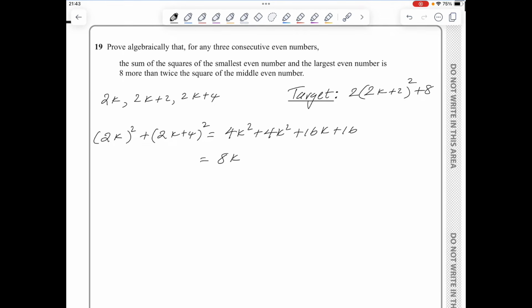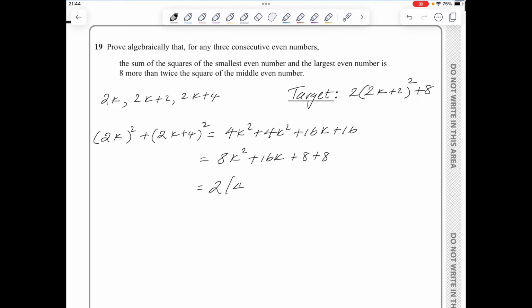This gives me 8k squared plus 16k, and then I'm going to split the 16 into plus 8 and plus 8 because the last term of my target is plus 8, so I need this to be at the end. So from the first 3 terms, I'll take out a common factor of 2, not an 8, a 2, because this is what my target tells me to do.